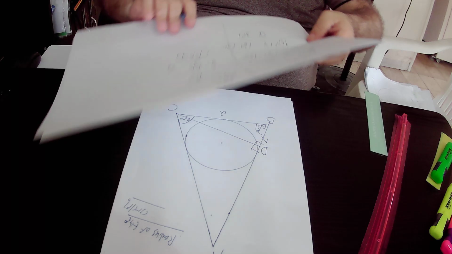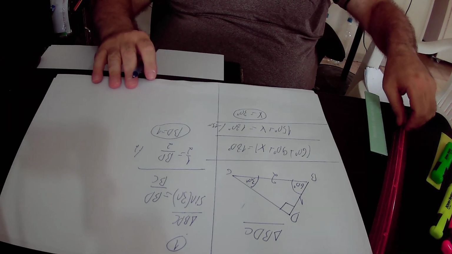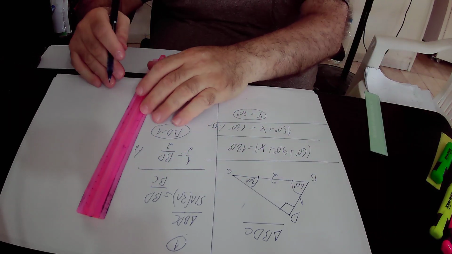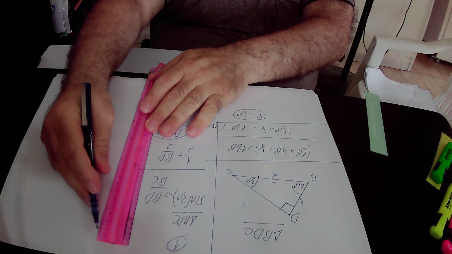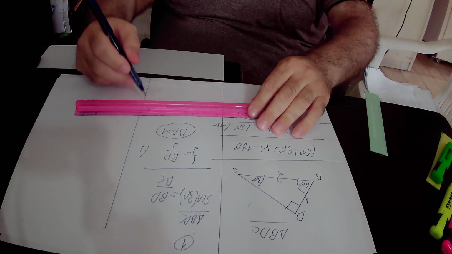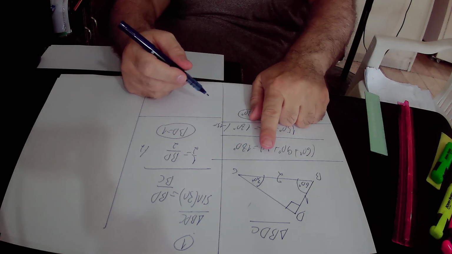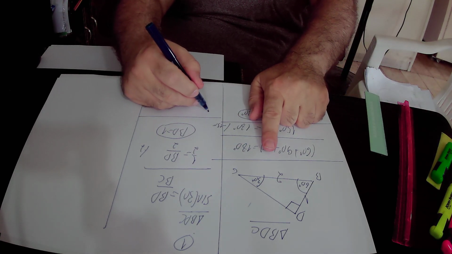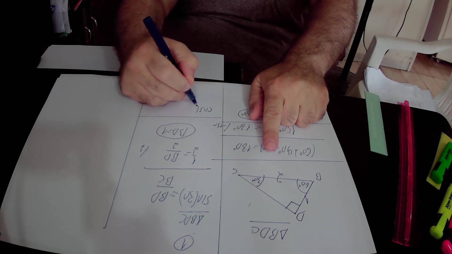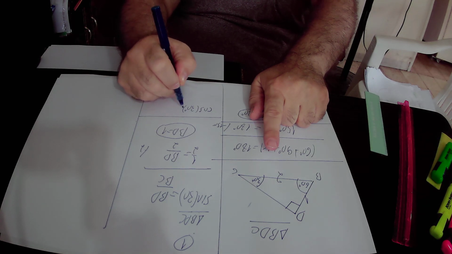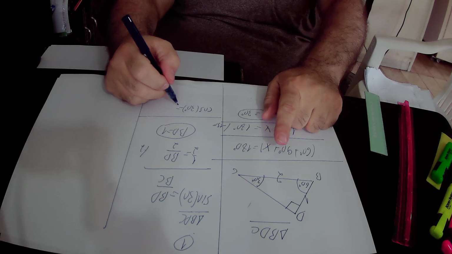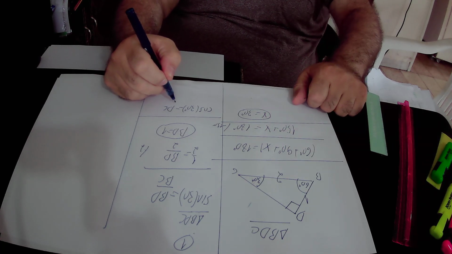And we also know, we continue to focus on the right triangle, triangle BDC. In the right triangle, triangle BDC, cosine 30 degrees is equal to DC over BC.